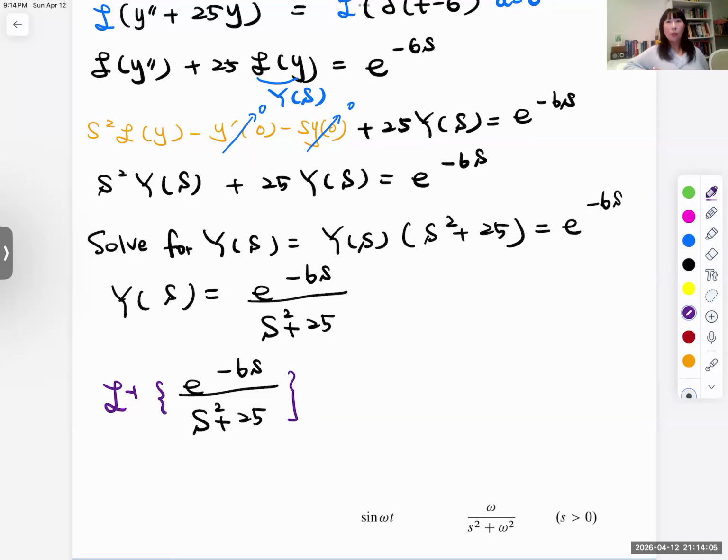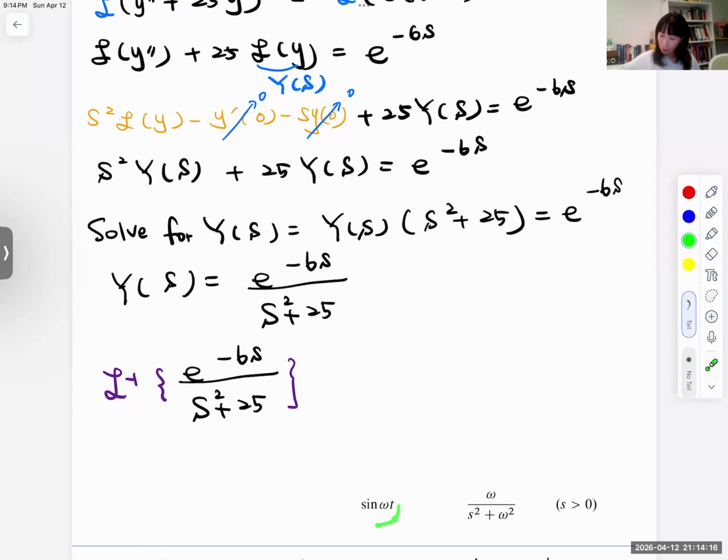In that case, I brought up sine omega t, so we have to find omega too.